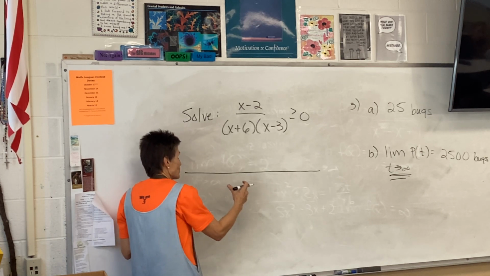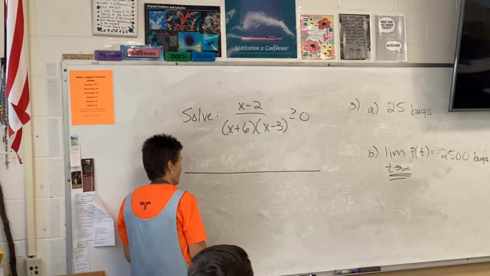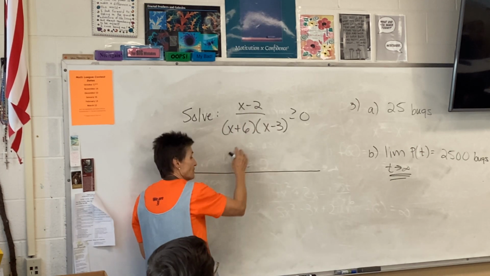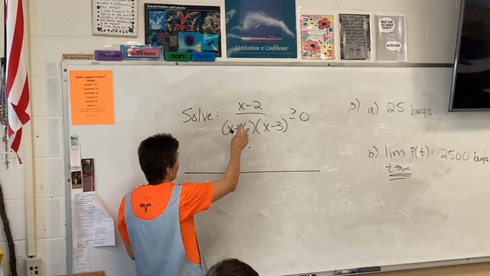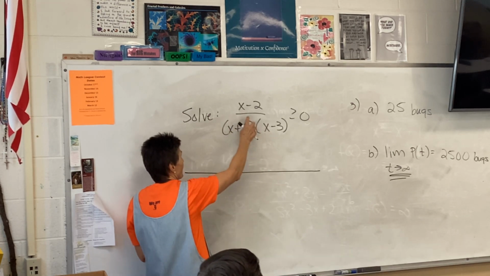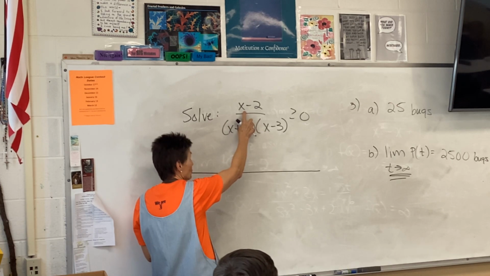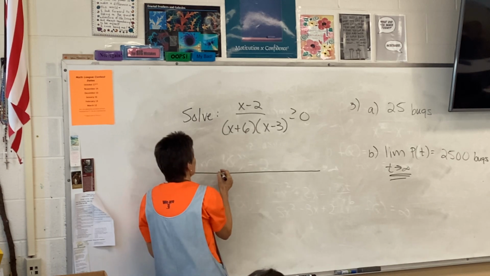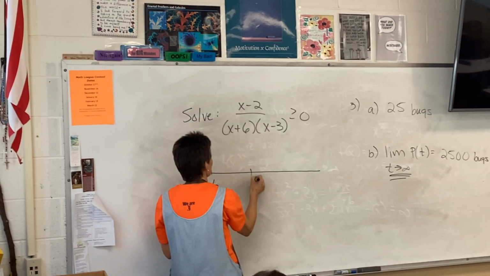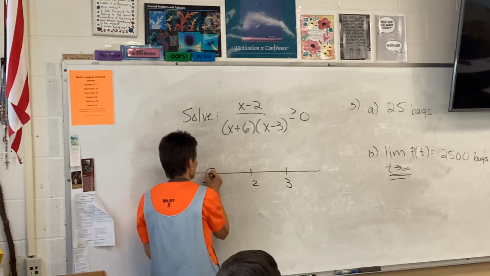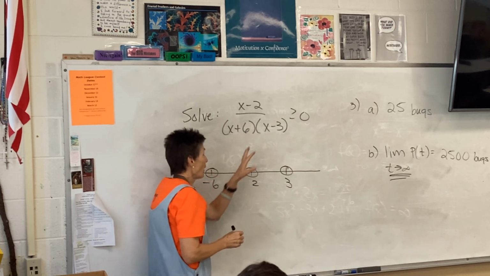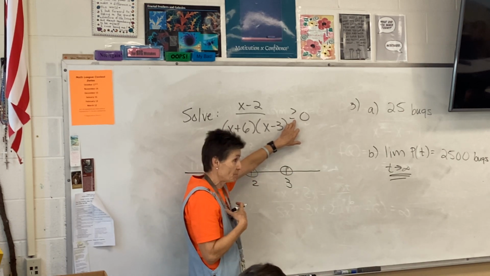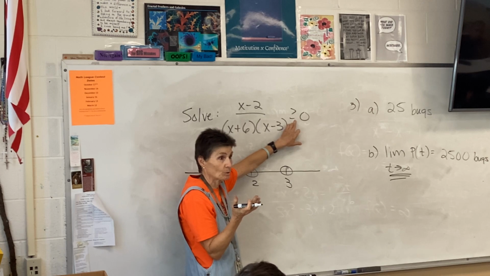The zeros, the dots that go on the number line, have to come from both the numerator and the denominator. So my zeros on the number line are going to be at 2, -6, and 3. Is that okay with everybody? Now, there is one additional thing that you have to think about. When we see that sign, we immediately, I hope, think about filling in all the dots for the or equal to.